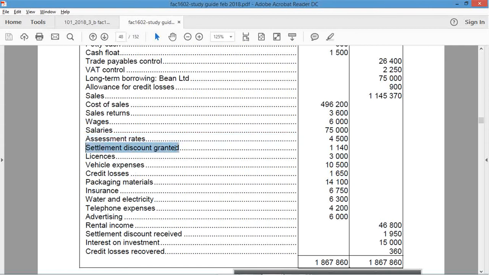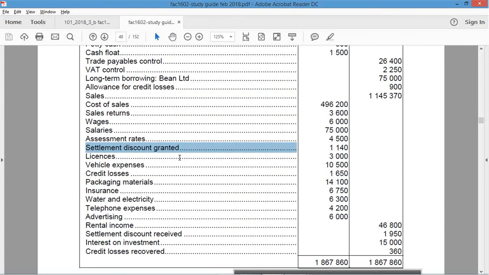Settlement discount granted. You're granting it to your debtors. So won't it be seen as expense? Yes. You can put it under expenses, but I see UNISA tends to show it against the sales, because it relates to your debtors, so credit, minus it from sales.